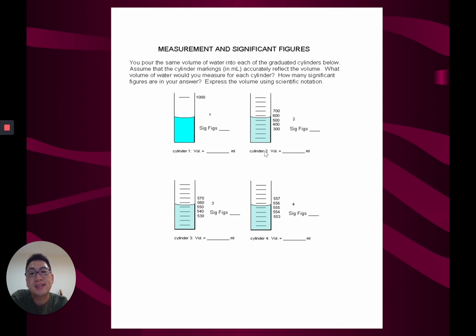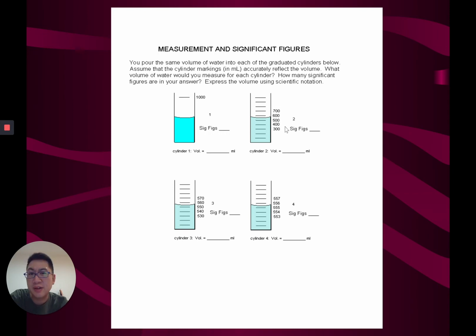Now, let's get cylinder number 2. How much water is in the cylinder? Well, there's 300, there's 400, that's 500. The line above is 600. Now, this is between 500 and 600. So it's not 500. It's more than 500. And it's obviously less than 600. Remember, we're reading at the vertex. Maybe halfway between.